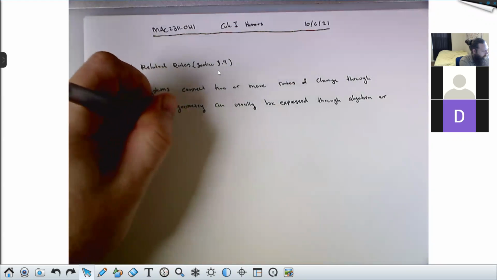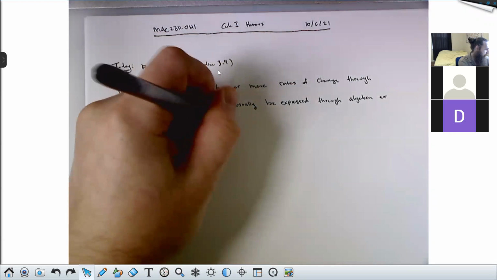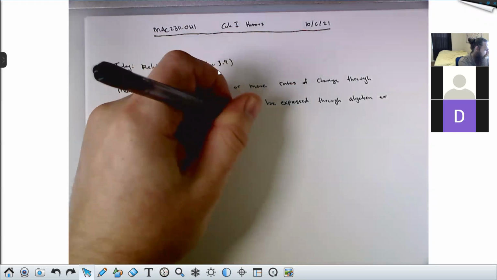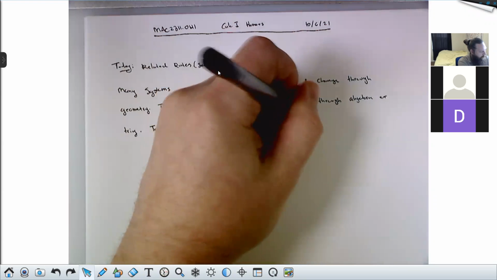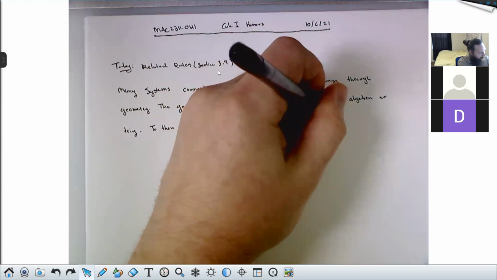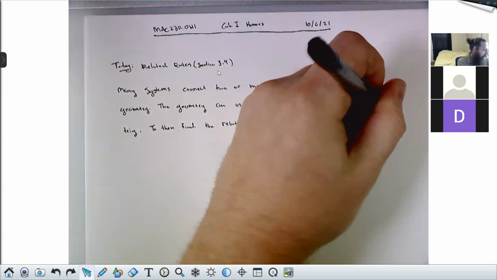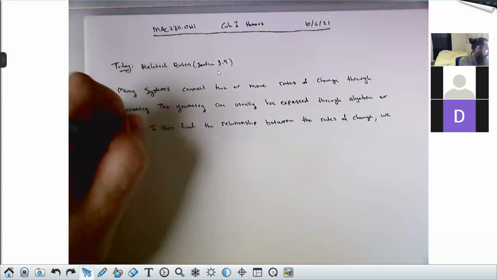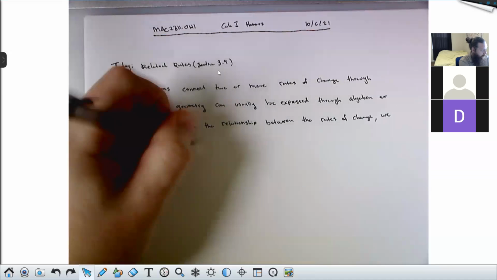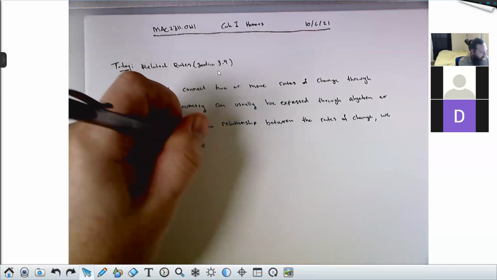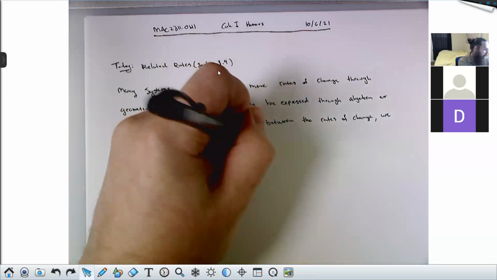To then find the relationship between the rates of change, we can differentiate implicitly that geometric relationship.